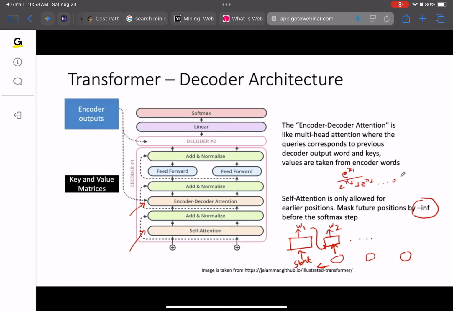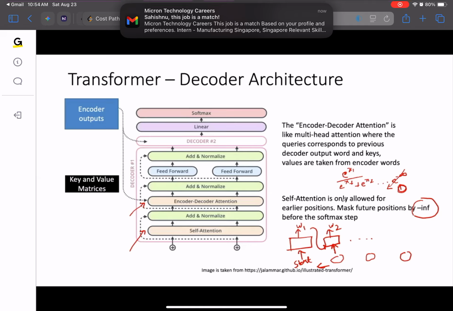So if something is -infinity, its exponential turns out to be 0. So that way it's not adding any score to the score computation. That's what is typically done to ensure that we don't use the future words.